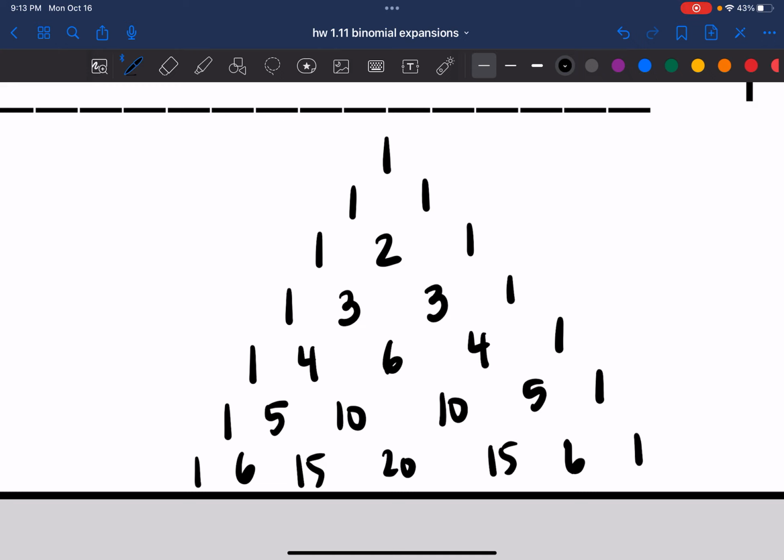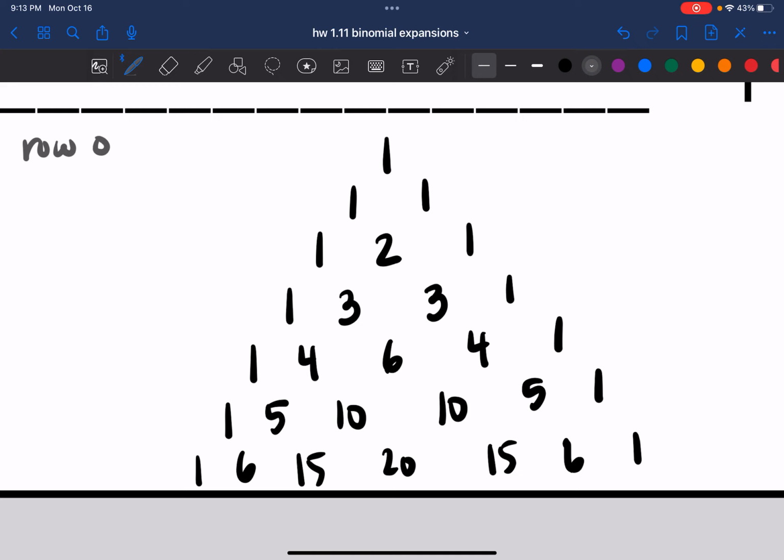One thing to remember about this is that it actually starts with row 0. That first one is row 0. Then it would be row 1, row 2, row 3, and so on.